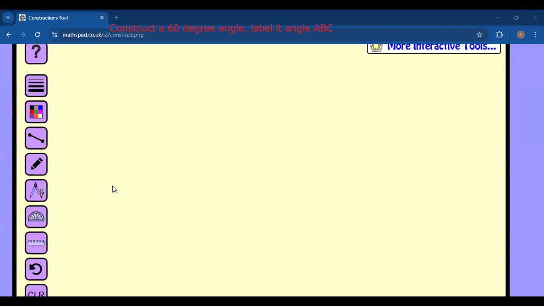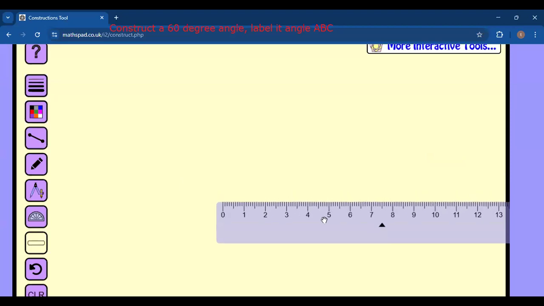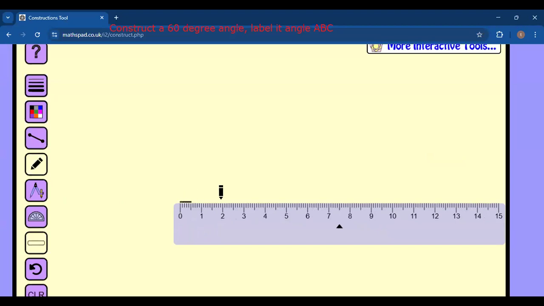All right, so what we're going to do is get our ruler out. Then we're going to draw a line segment or ray. Put this right there. I'm going to go to 10. Make it long.